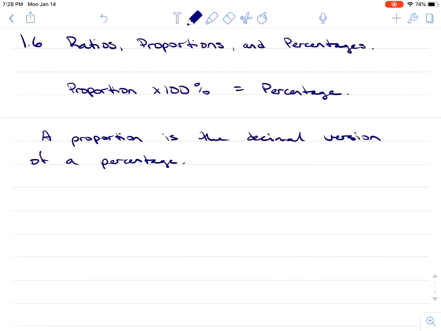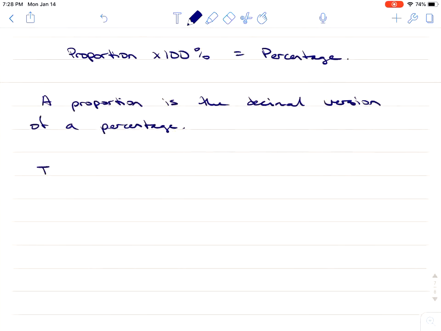And so in our calculations, we should always use the proportion, right? Not the percentage. So in our calculations, we will use proportions, right?